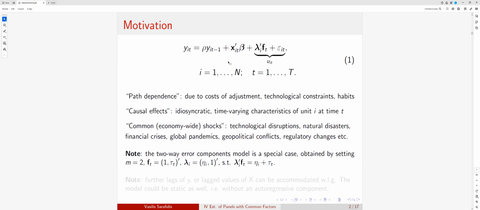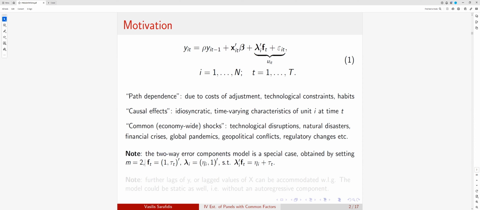Note here that the factor model encompasses the popular two-way error components model, which arises by setting m, the number of factors, equal to 2, and then imposing two unity restrictions on f and lambda respectively.